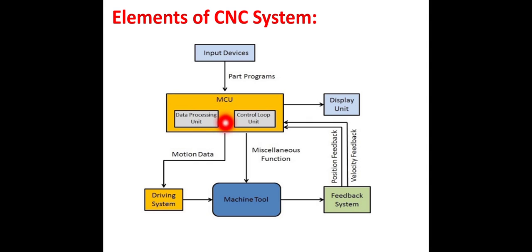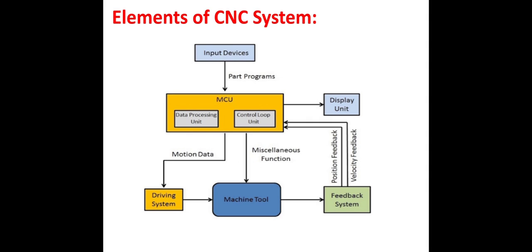This machine control unit processes the data and generates the control signals. The motion data is given to the driving system, and miscellaneous functions, that is spindle on, coolant on, are given to the machine tool. And we have a feedback system also regarding the position feedback and velocity feedback. Again it is sent to the machine control unit. Based on the feedback, again it will generate the control signals to the machine tool and the driving system.